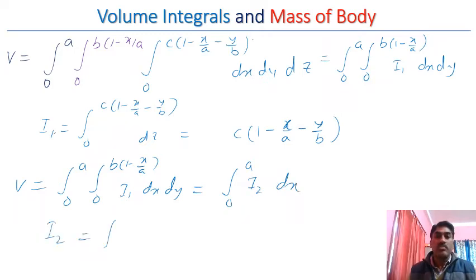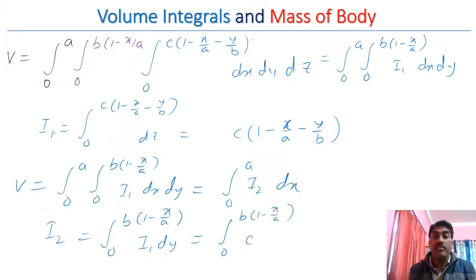I2 is the integral from 0 to b times 1 minus x by a of I1 dy, which is c times 1 minus x by a minus y by b, dy.